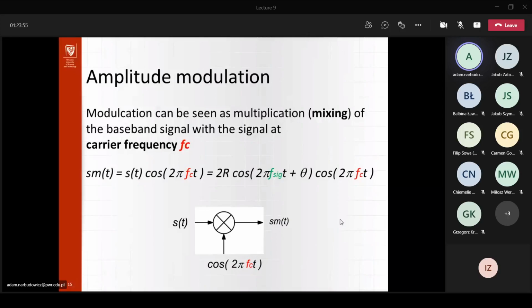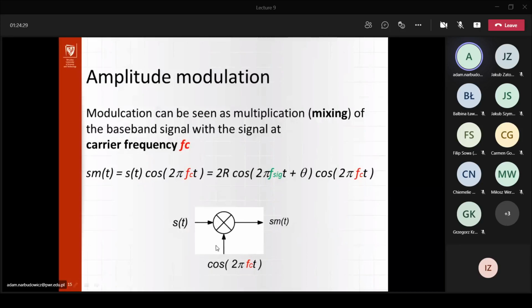In circuit components, you will find a device called a mixer, which is denoted more or less like this. Whenever you see this symbol in radio circuits, it means multiplication of two different signals, which is, by the way, a nonlinear operation, simply because it creates new frequencies that hadn't been there before.